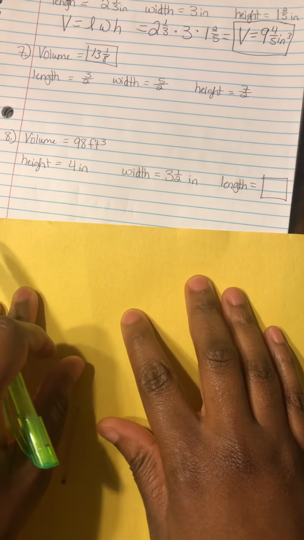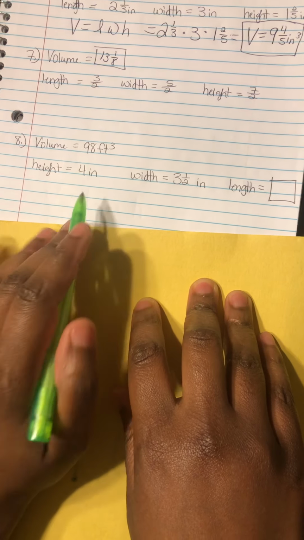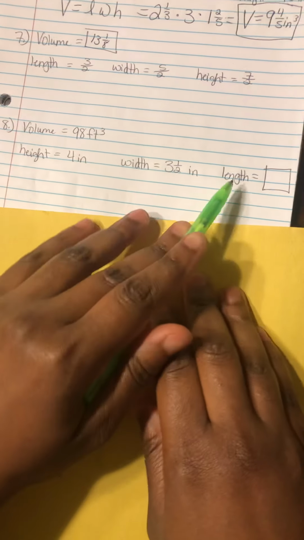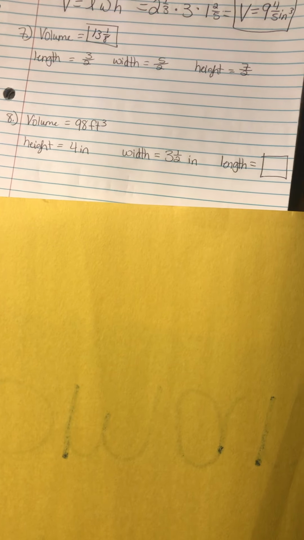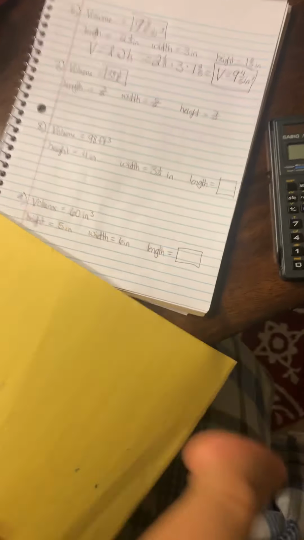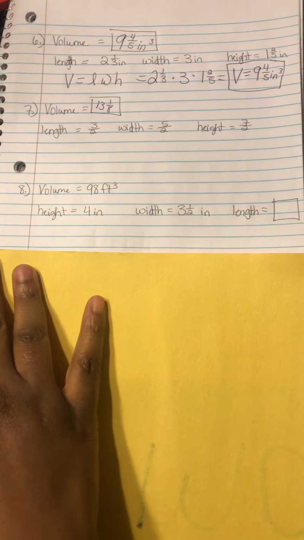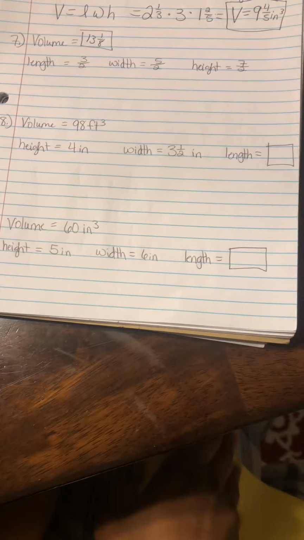All right, now for number 8, move the notebook over here. With number 8, they give you the volume. They give you the height, they give you the width, and you have to find the length. So I gave you guys some directions on how to find the missing dimension. All you have to do is multiply the 2 dimensions that you do have and take the volume and divide.